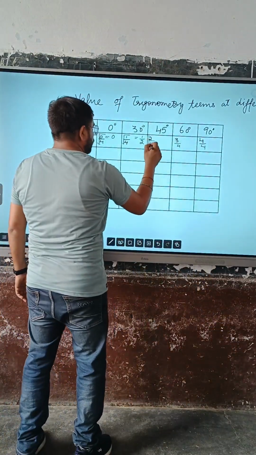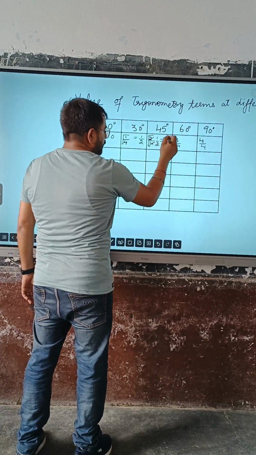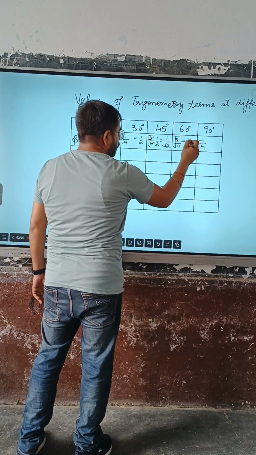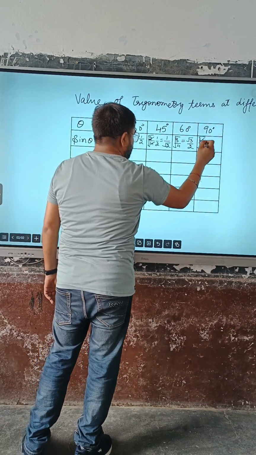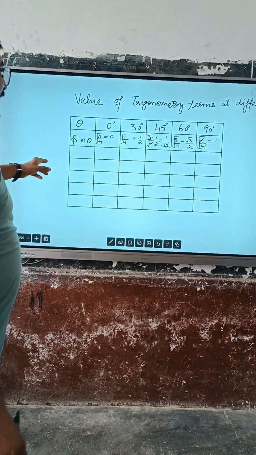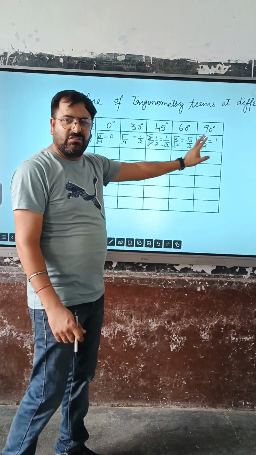So square root of 2 by 4, that is 1 by under root 2, square root of 3 by 4 is under root 3 by 2. So square root 4 by 4 is 1. So these are the values of sine at 0 degree, 30 degree, 45 degree, 60 degree and 90 degree.